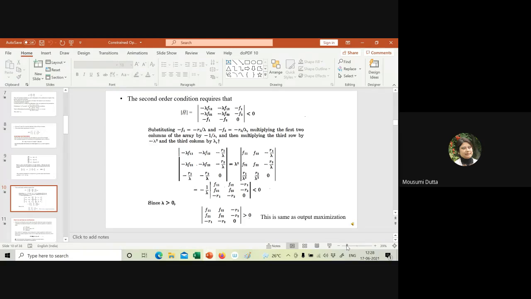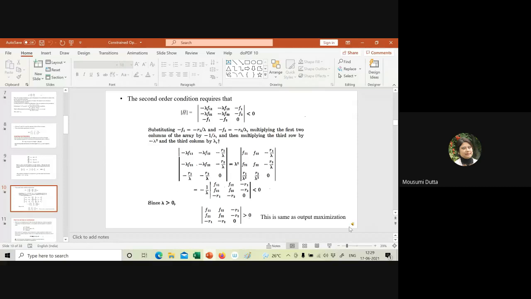Actually, we are adjusting the things. So if I replace lambda, we get the result: F11, F12, minus R1; F21, F22, minus R2; minus R1, minus R2, 0. So this is the equation.